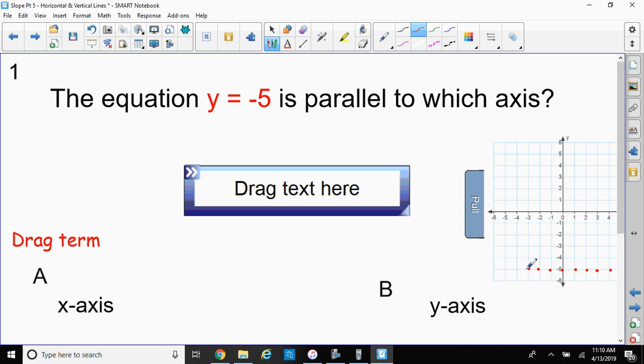So I can keep going in this direction and going in this direction, and that would be my graph of that line. Let's get a nice neat line, by the way. Let's get this blue one here.